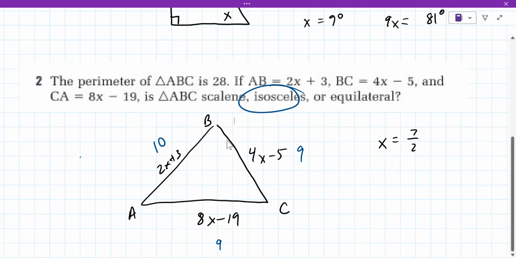Fantastic. These lend themselves well to multiple choice. For example, they could have 7 halves, or they could have scalene, isosceles, equilateral. There are lots of ways to present these types of questions in an exam format.